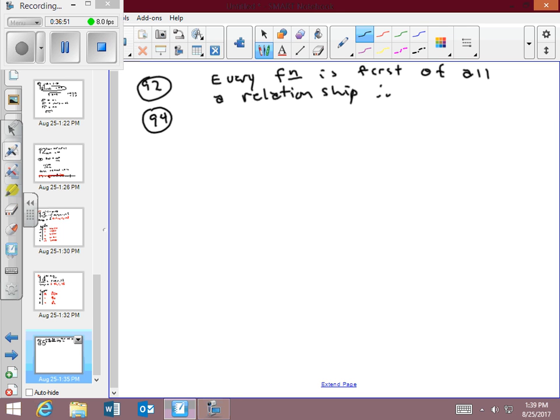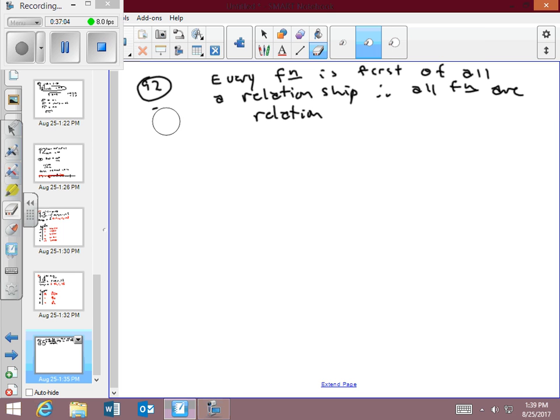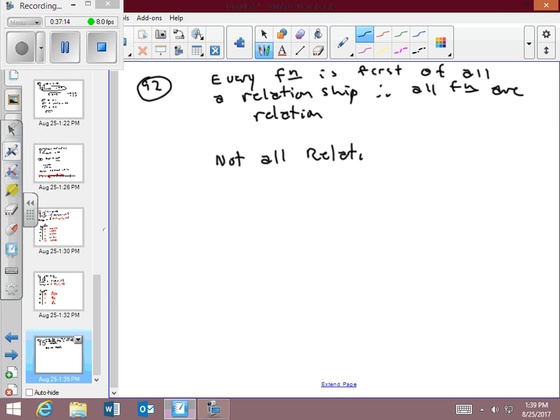Therefore, all functions are relations. Not all relations are functions. They have to be a relationship that has a special criteria.